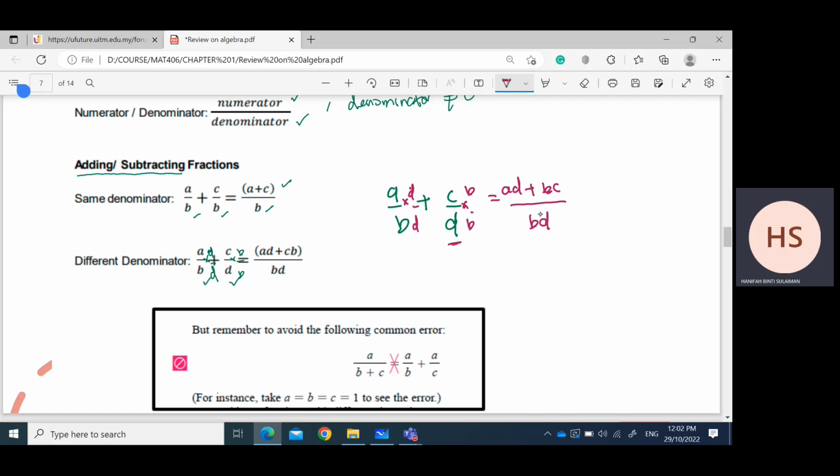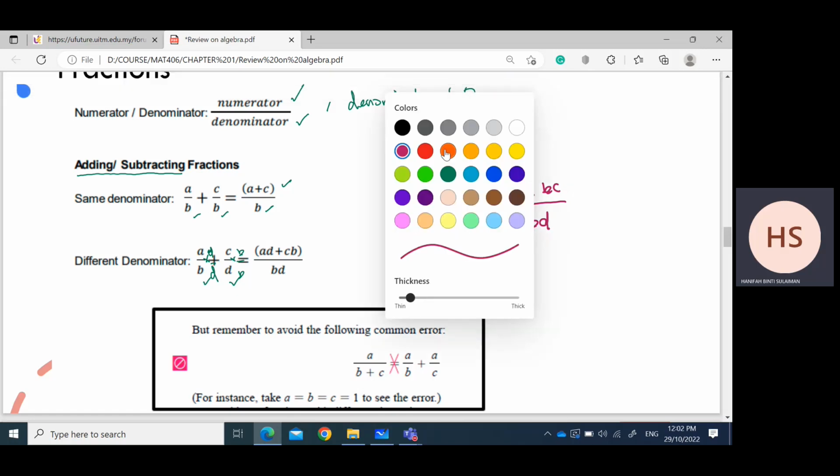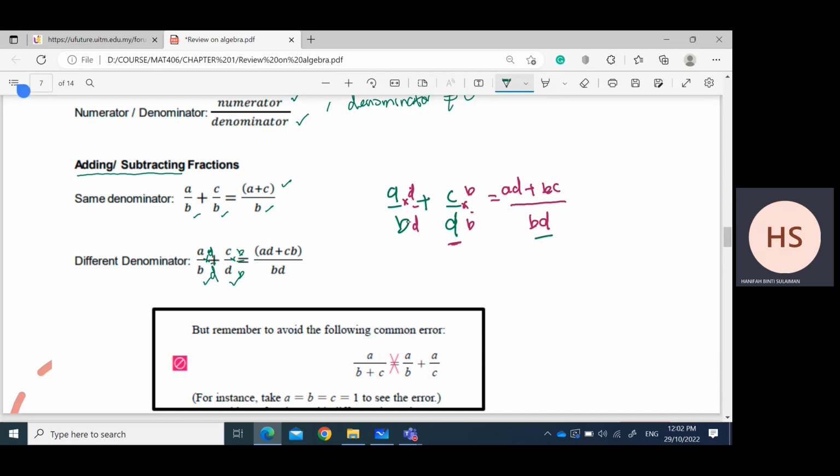Okay, so baru kita dapat denominator yang sama. So again, caranya adalah you kena darabkan untuk nombor yang pertama ni, you kena darabkan dengan D over D, which is the second denominator. So second denominator here is D. So we need to multiply with D. So when we multiply with D for the denominator, so for numerator, we need to multiply with D also.